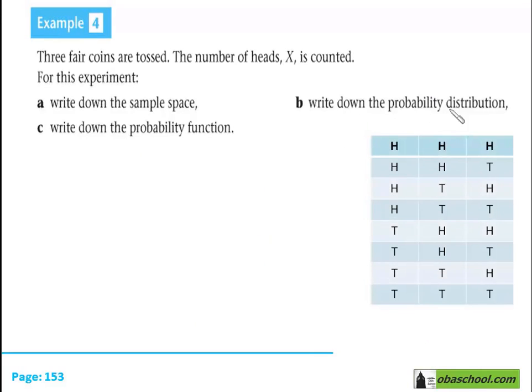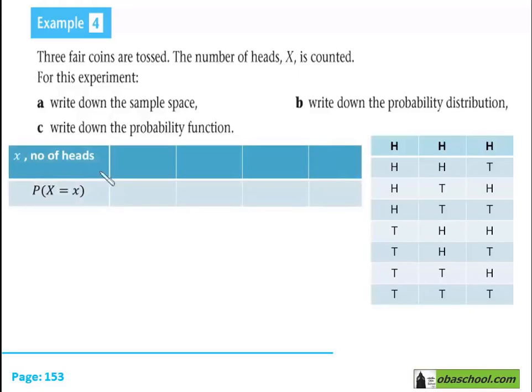Part B, write down the probability distribution. The random variable that we have is the number of heads. So the probability distribution will look like this. The first row is the x, which is the random variable, the number of heads. The second row is the probability for it. To get the number of heads, let's look at the table to the right.